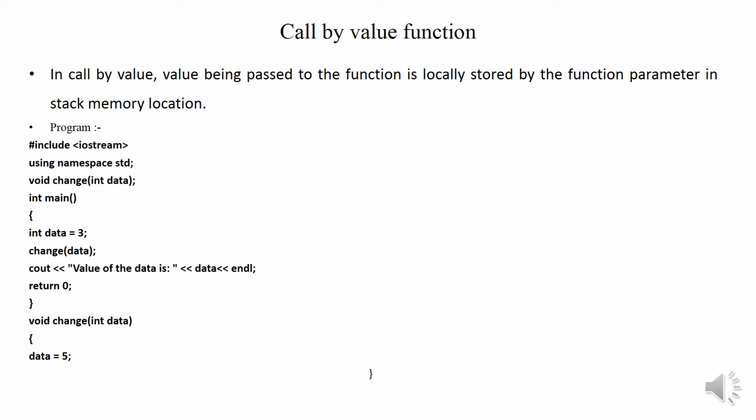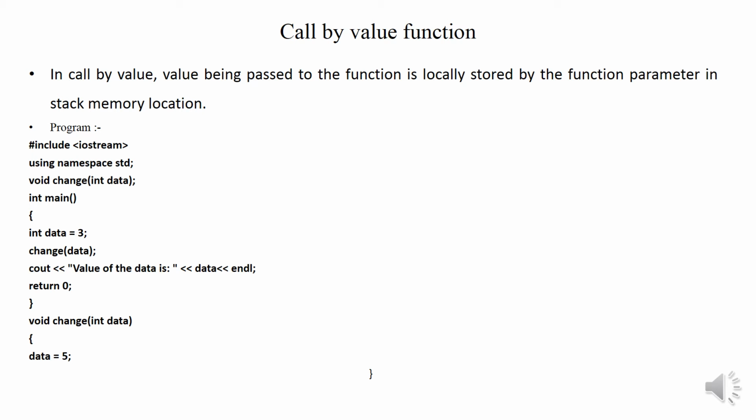The function is change and we have to pass the parameter integer data. In the main function, the data is 3. In the definition of the function, the name of the function is change, int data.